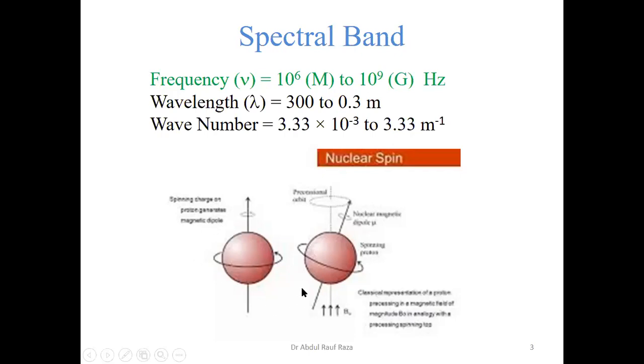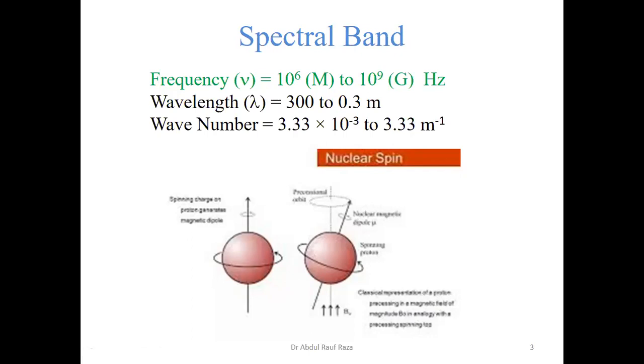Because it is nuclear magnetic resonance, there is a resonance taking place in the magnetic field. Why? Look at this. If you remember, there is a principle we call the right hand rule. In the right hand rule, you have 4 fingers and 1 thumb.